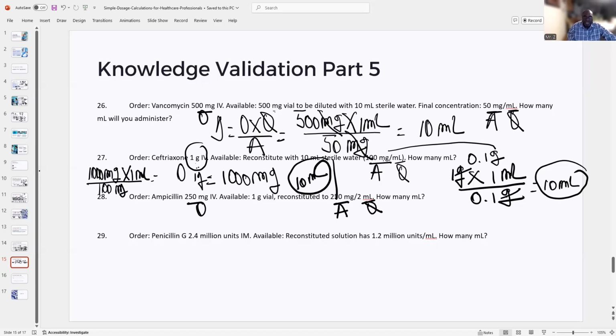So you will do 250 milligrams multiplied by your quantity, which is 2 ml, divided by available, which is 250 milligrams. The milligrams cancel. 250 by 250 gives you 1. It will give you 2 milliliters.